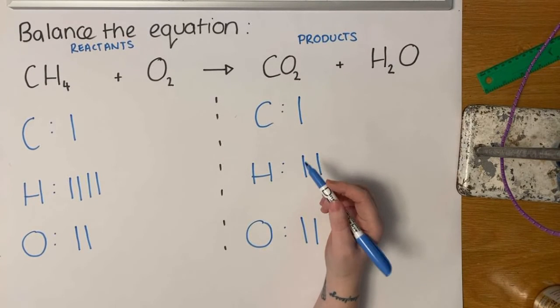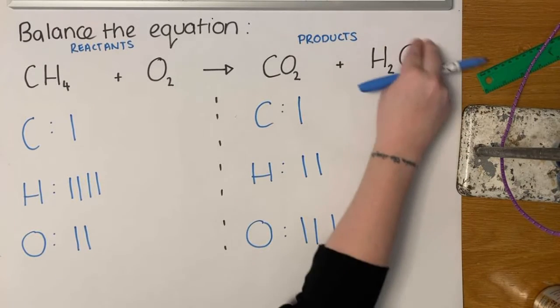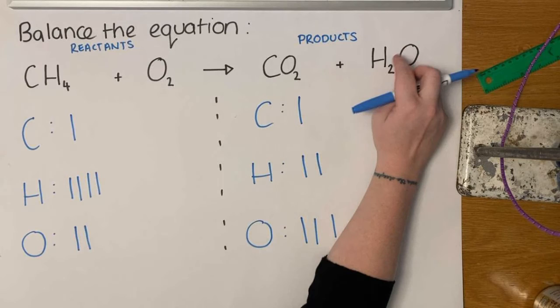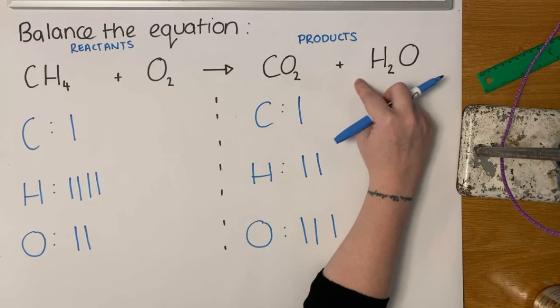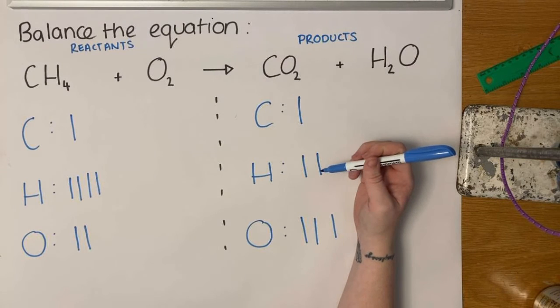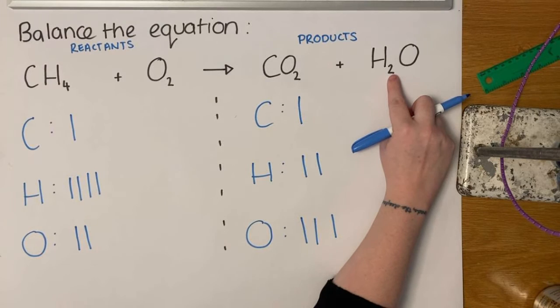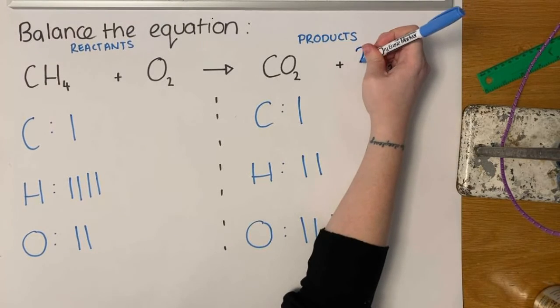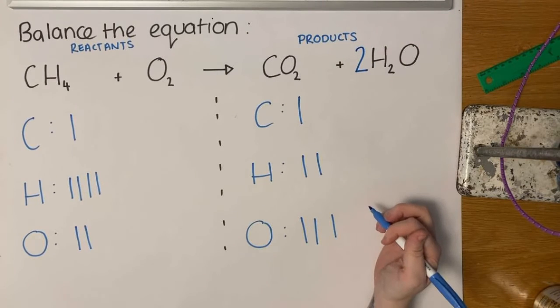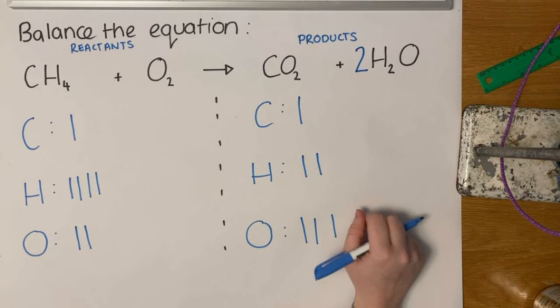If I want there to be more hydrogen, I need there to be more total molecules of water. I can't just have the hydrogen bit, it comes in this packet. So if I want there to be 2 more hydrogens, and each one of these comes with 2 hydrogens, if I make it so that I have 2 of them, I can then alter my tally.